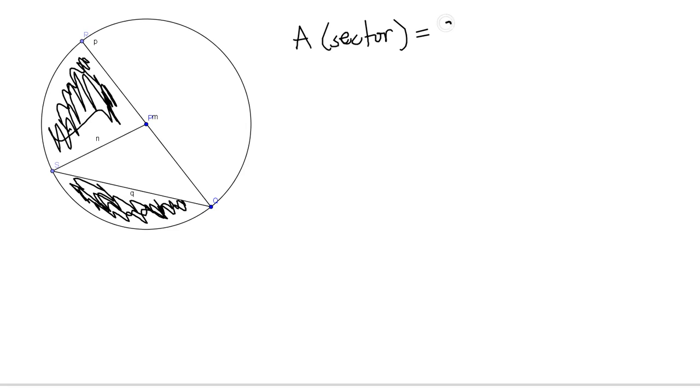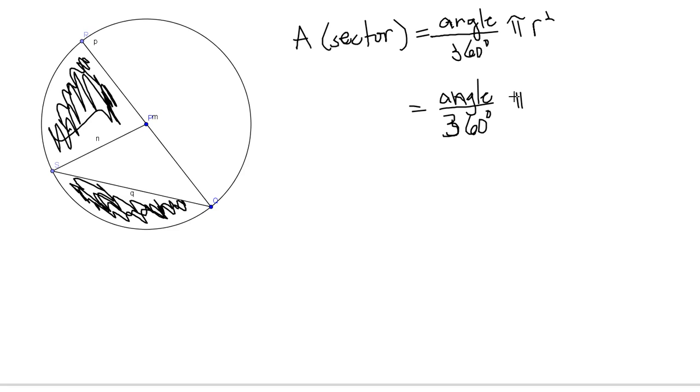It is the central angle divided by 360 degrees multiplied by pi multiplied by the square of the radius, or we have the angle divided by 360 multiplied by pi and the square of the diameter divided by 4.